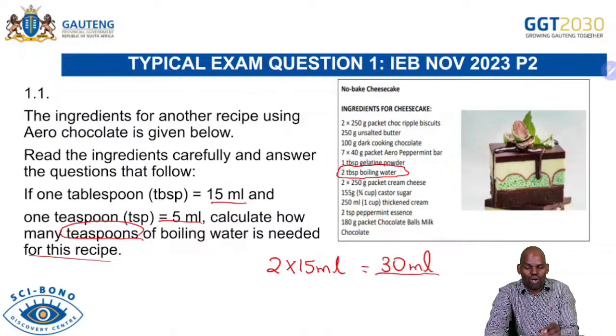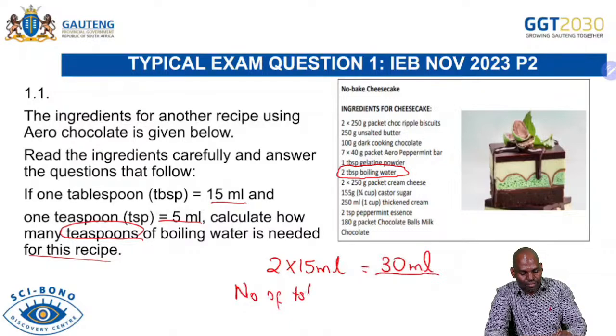Now we've got a total of 30 milliliters. Now this 30 milliliters is how many teaspoons? 1 teaspoon is 5 milliliters. We say therefore the number of TSP is equal to 30 divided by 5. So 30 divided by 5 will give you 6.